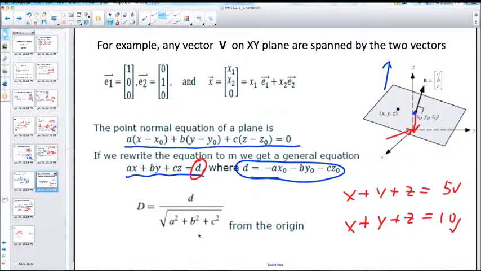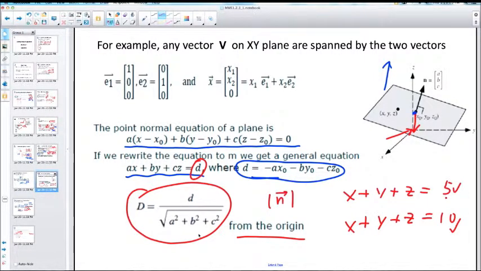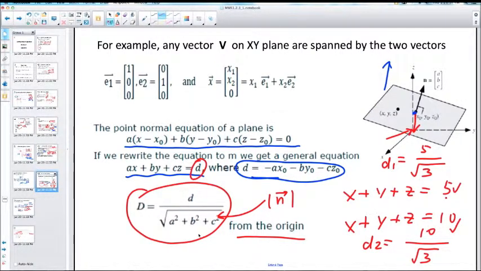The formula for the distance to the origin is the right hand side divided by the square root of a squared plus b squared plus c squared, which is the length of the normal vector. So in our case, the first example has a distance equal to 5 divided by the square root of 3. The second one is 10 divided by the square root of 3.